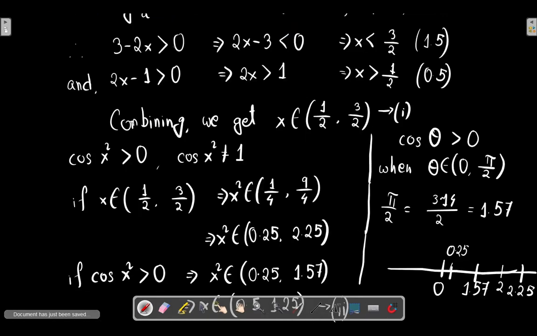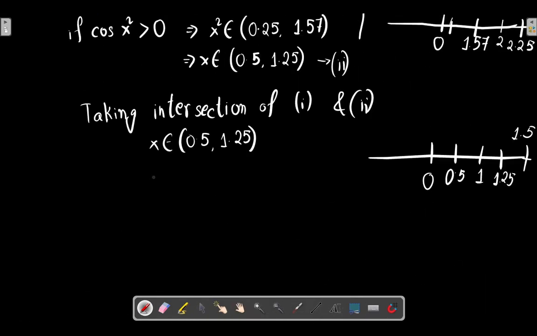So if x is in this range, then cosine of x square will clearly lie between 0 and 1, right?